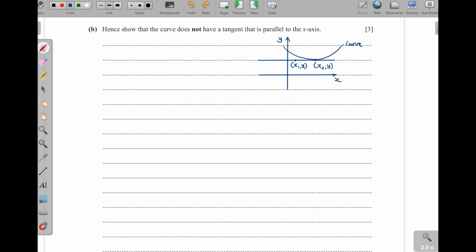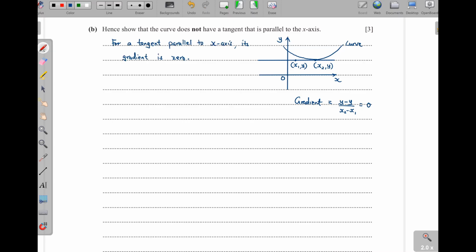So if we are finding the gradient, you know that you take the change in y over the change in x. The change in y will be y minus y, which is 0, out of the change in x, which is x2 minus x1. Do you see that this one becomes a 0? So for a tangent that is parallel to the x-axis, its gradient is 0. So let me write that.